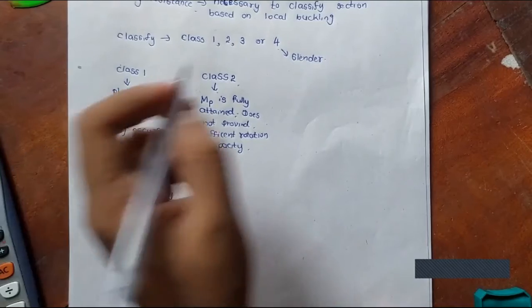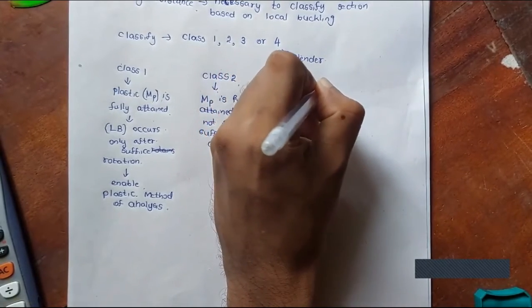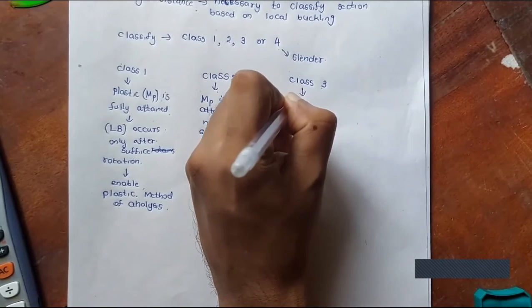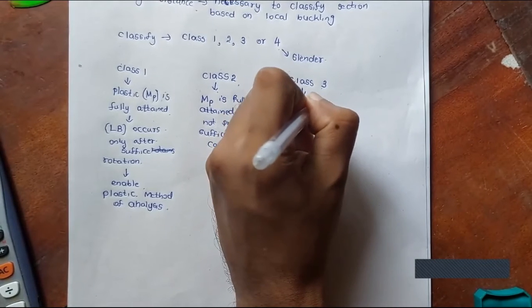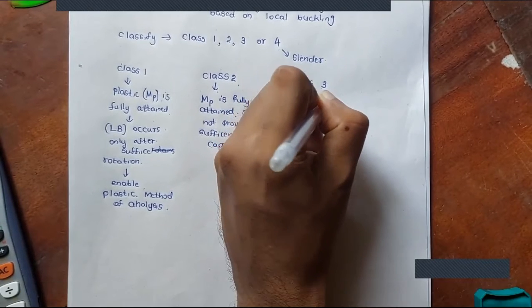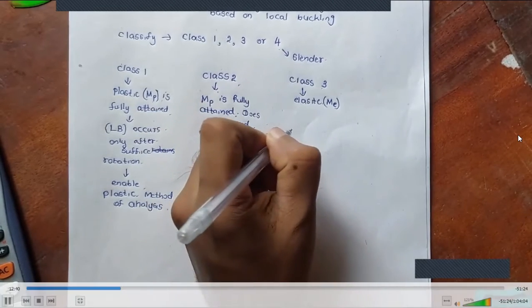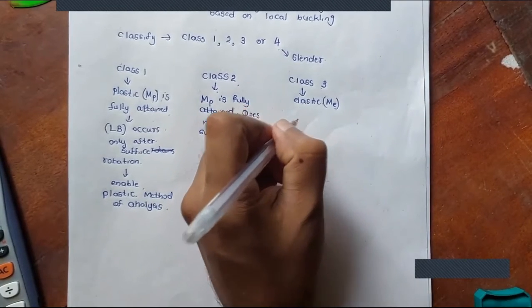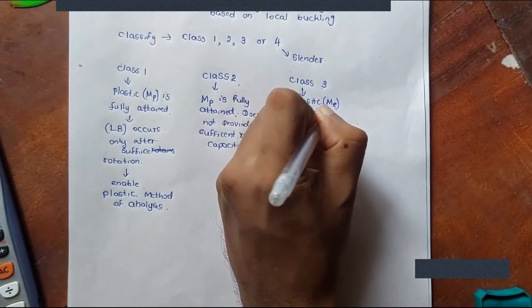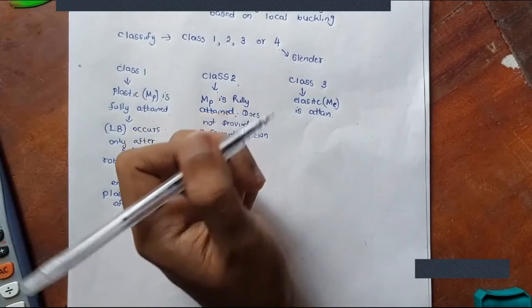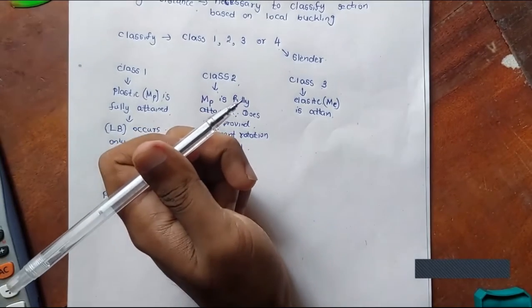So class 3: the elastic moment capacity, ME, is attained. That means the stress at the extreme compression fiber can reach the design strength.